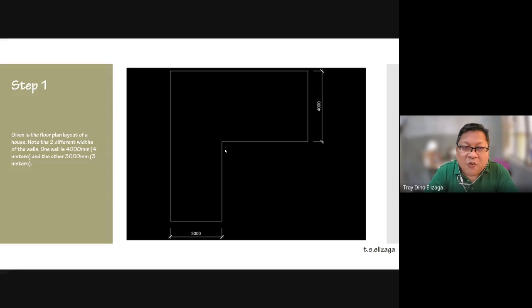So here, we are given a floor plan layout of a house. There are two widths, no? And this width at the right is 4 meters, and then the width of the side below is 3 meters. So our task is to make a hip roof. So this is just the perimeter of the house.